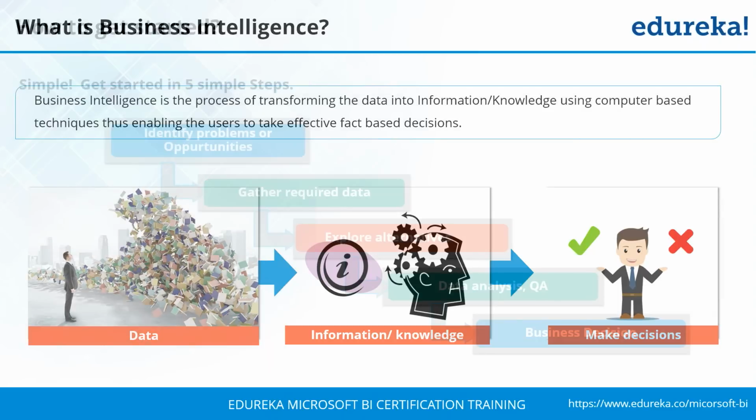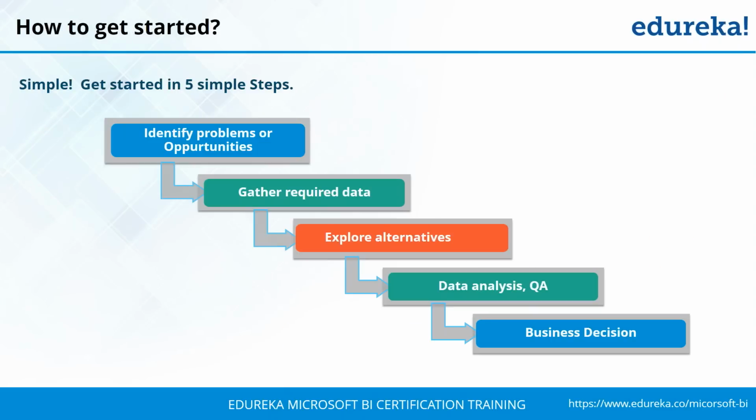But how do you get started with BI? It's very simple. Get started in 5 simple steps. First, identify the problems or the opportunities that you have. What is the problem that is making you take this decision? Gather the required data. Whatever data you can gather, gather it all. No data is enough. Explore the alternatives. Once you've gathered your data, try to explore what you can do.